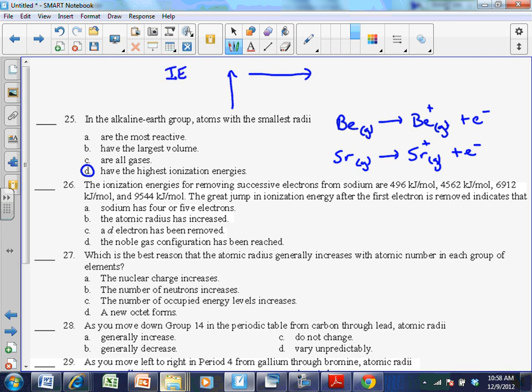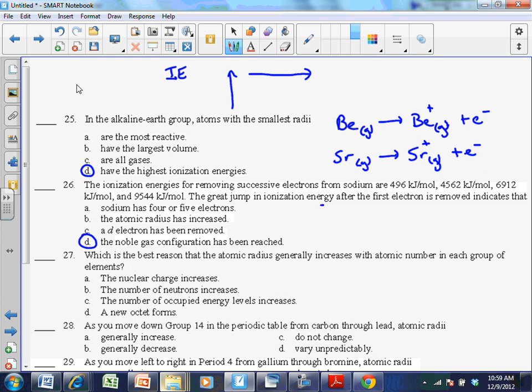All right. The ionization energies for successive electrons from sodium are 496, 4,562 kilojoules per mole, 6,912 kilojoules per mole, and 9,544 kilojoules per mole. The great jump in ionization energy after the first electron is removed indicates that the noble gas configuration has been reached. So it's always, you get a huge jump when you're taking an electron out of an ion that has a noble gas configuration.